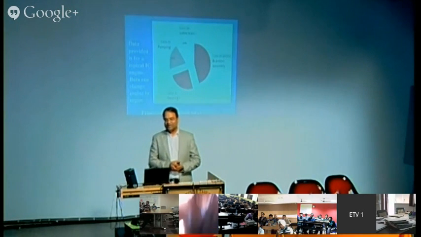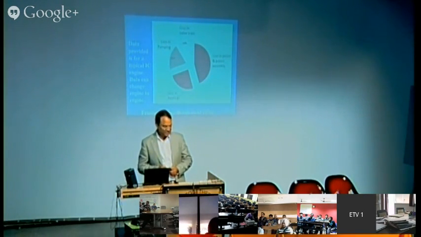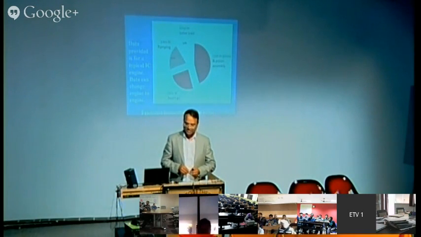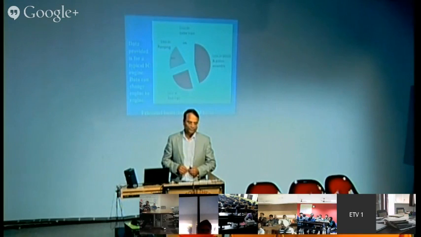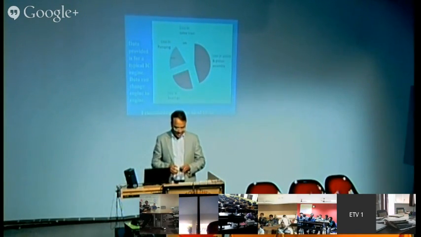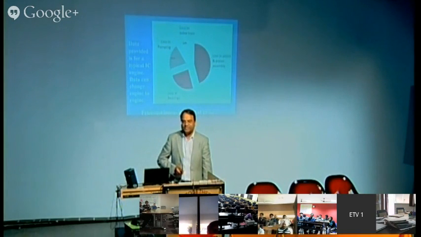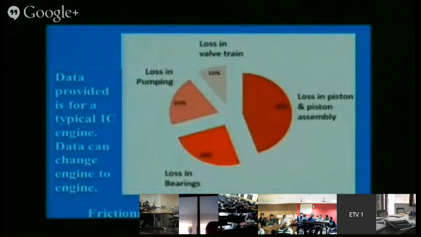So if we focus on the interfaces of various components like bearings, piston ring and cylinder liner, and valve train, and minimize this loss, then the efficiency of the engine and fuel efficiency can be enhanced.